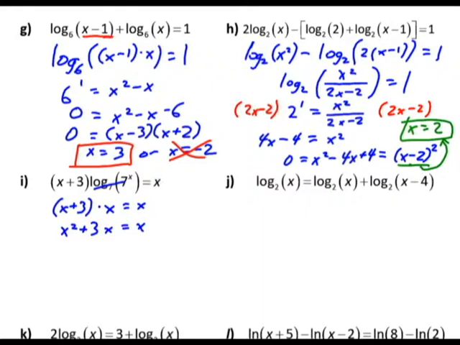We don't divide by x on both sides. Dividing by a variable quantity could have you dividing by 0, and we don't want that.